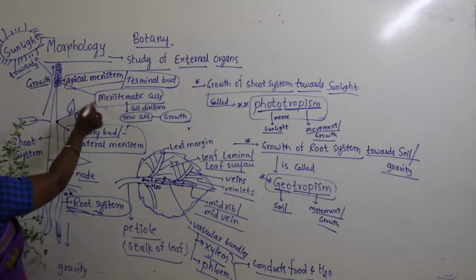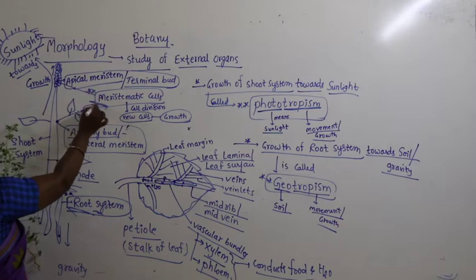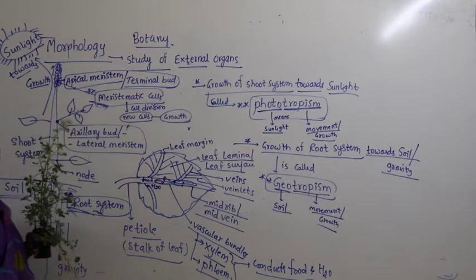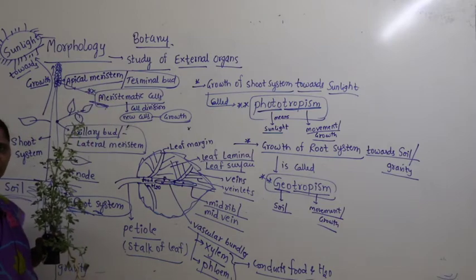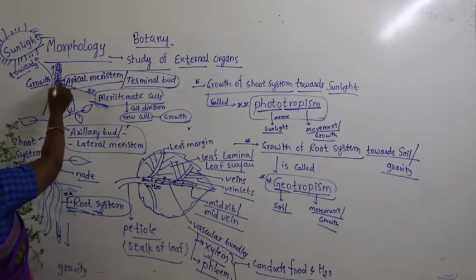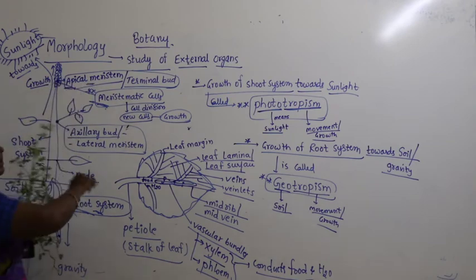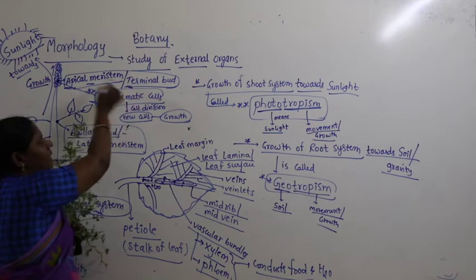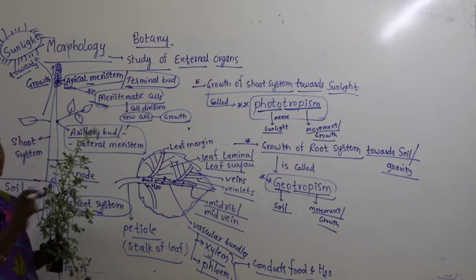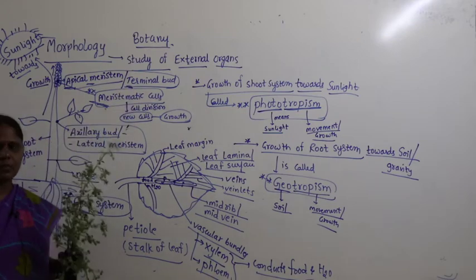At the tip the cells you find are called meristematic cells. Where are meristematic cells present? At the tip. That is why it is called apical meristem or terminal bud.